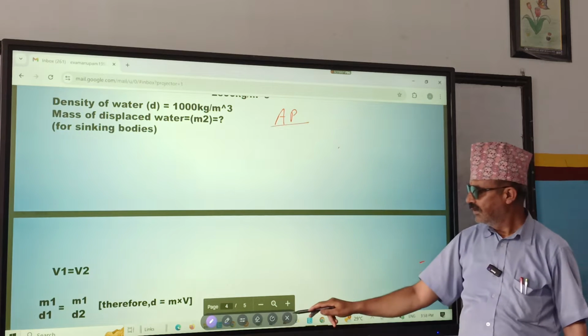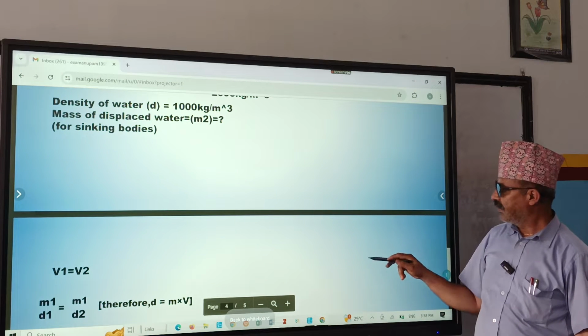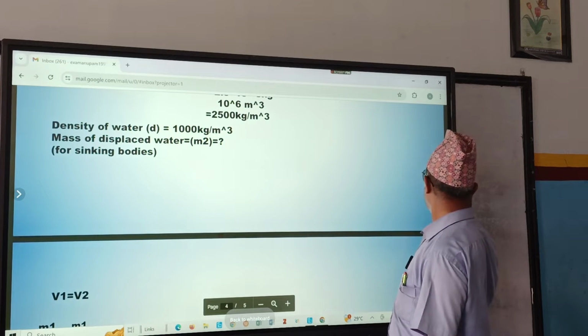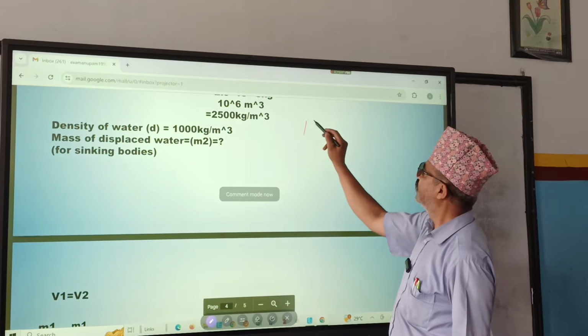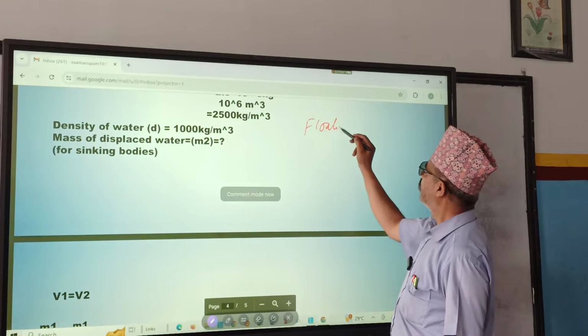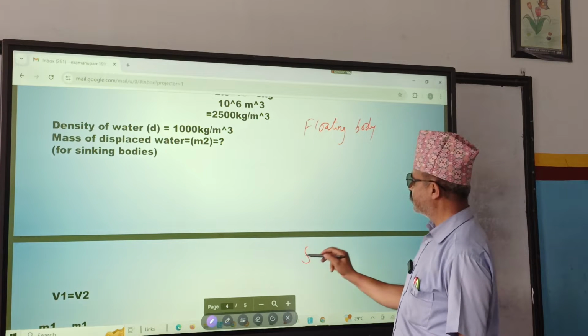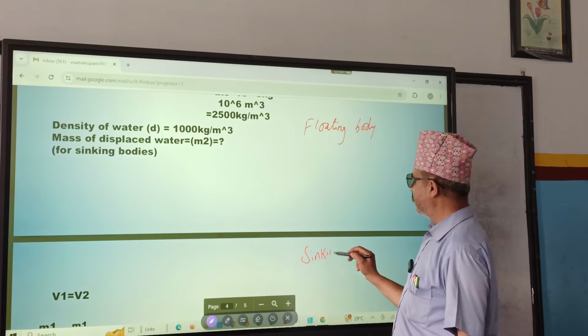Gone, right? Next one, floating body and sinking body. So one thing we have to remember.